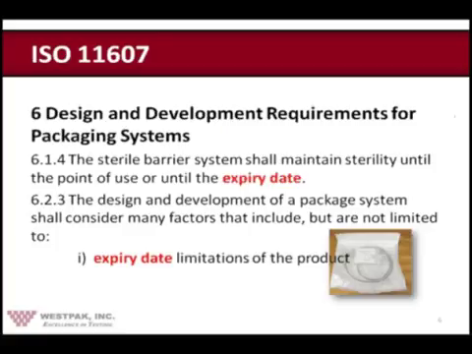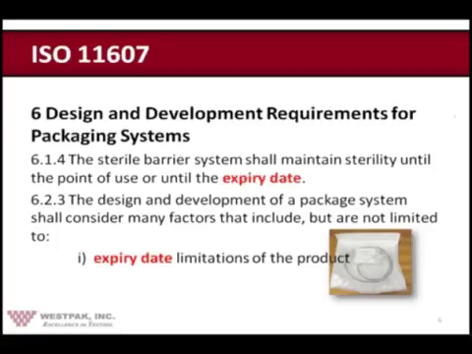The document also states that the sterile barrier system shall maintain its integrity throughout the life of the period through its expiry date or the point of use, whichever comes first. This would tend to limit the liability of the manufacturer to that exact date. So there's some good and bad about this whole thing. In other words, if the product somehow fails on the day after the expiry date, you're off the hook, so to speak.